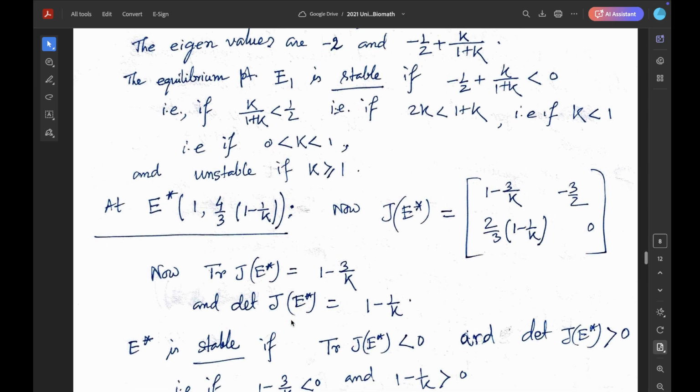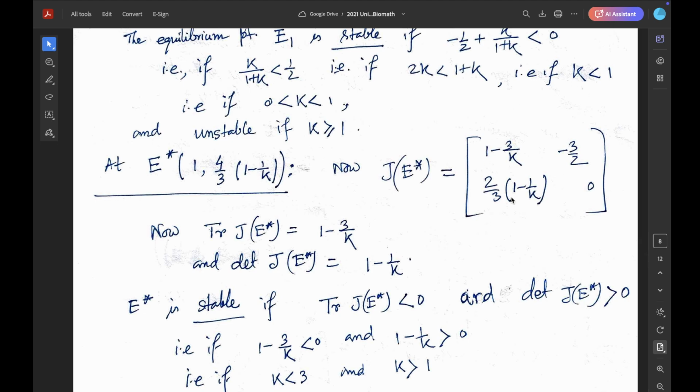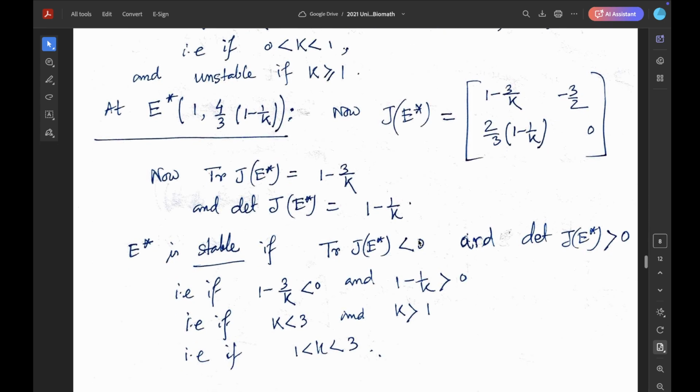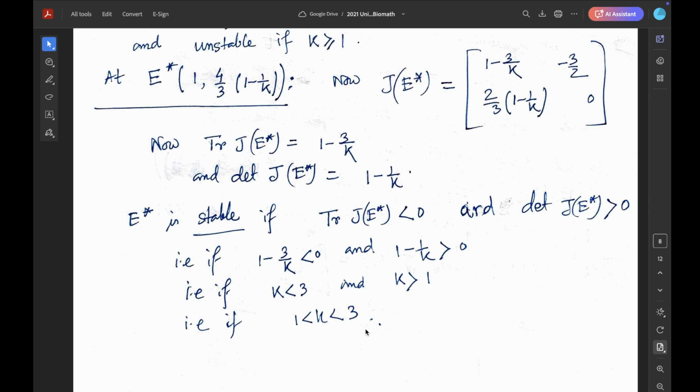So we find the trace of this matrix, or you can find the eigenvalues through the characteristic equation. The trace of J star is the sum of the diagonal elements, and the determinant of J star equals this into this minus this into this. So E star is stable if the trace is negative and the determinant is positive, that is if 1 less than k less than 3.